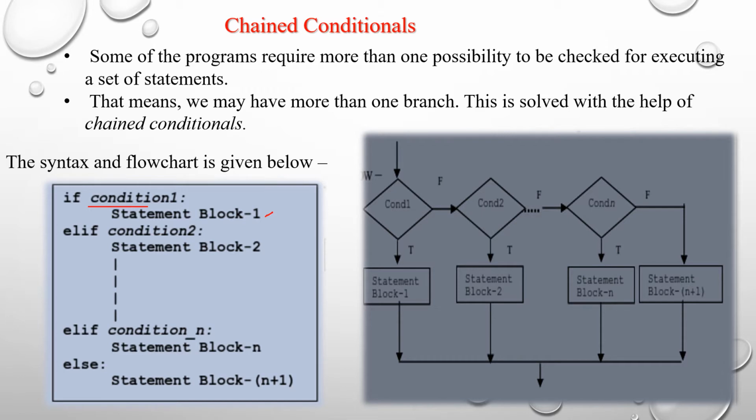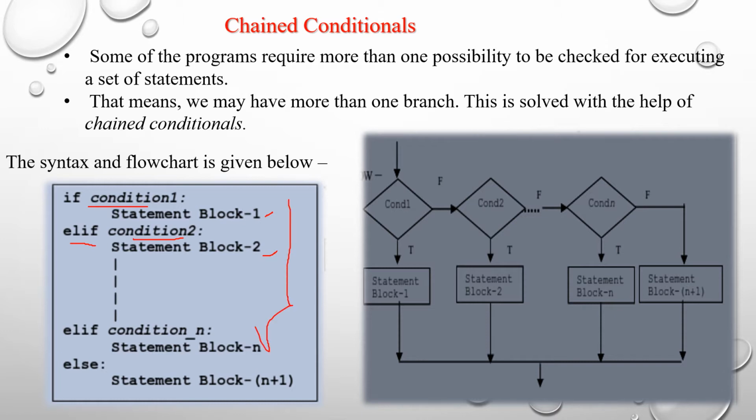And again we declare else if, and this is condition 2. If condition 2 is true, statement block 2 is executed, and again we declare else if condition n. If condition n is true, statement block n is going to be executed.